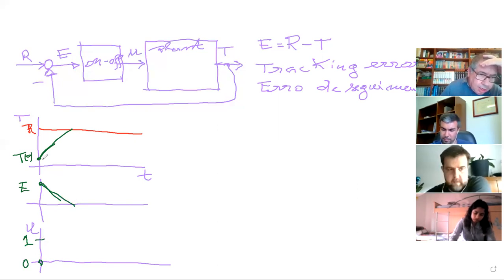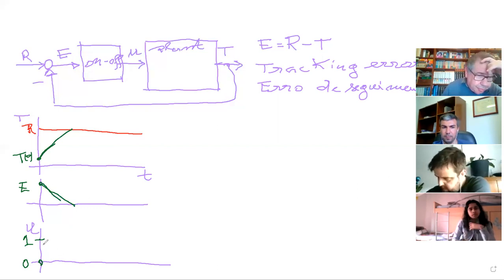And initially, what is the value of your control? The temperature is below the reference. It's 0. Up to when? When R is equal to T. When R is equal to T, and probably, since the reactor has some inertia, it passes.